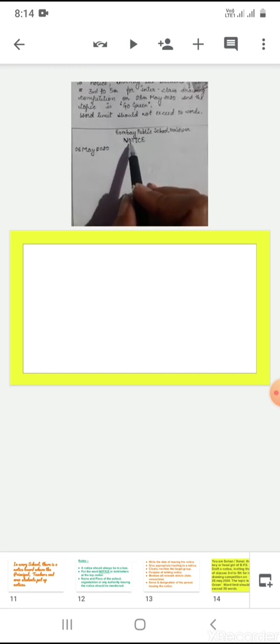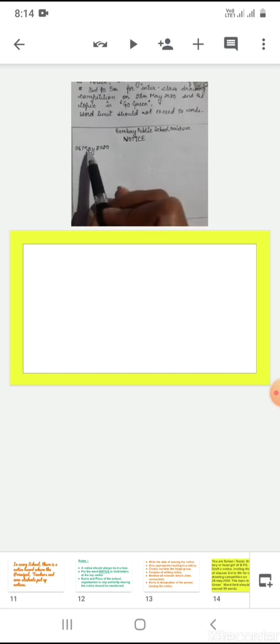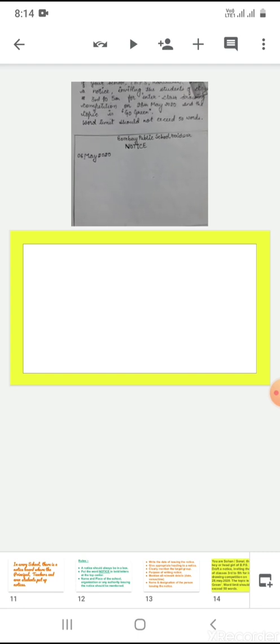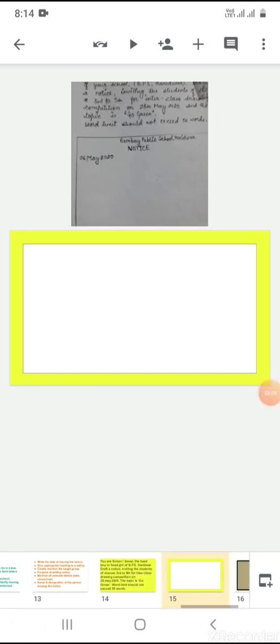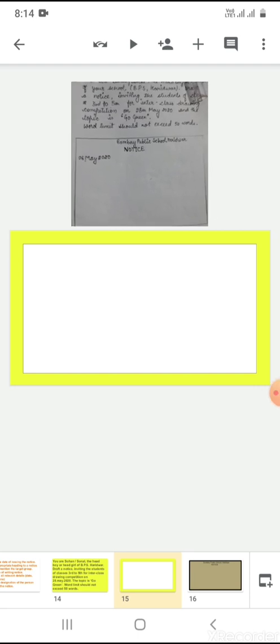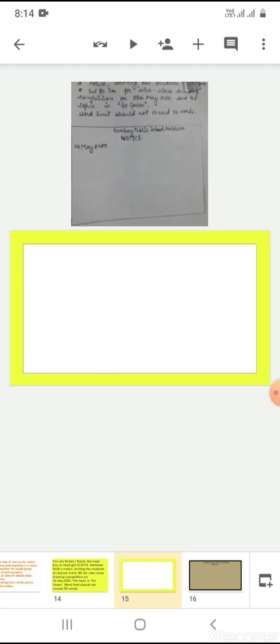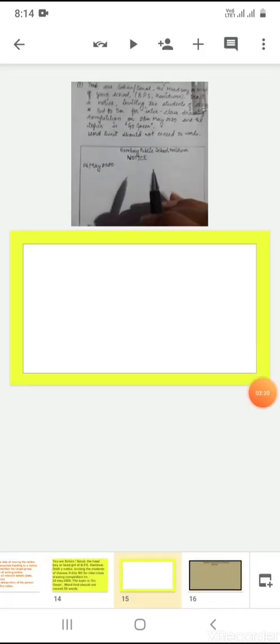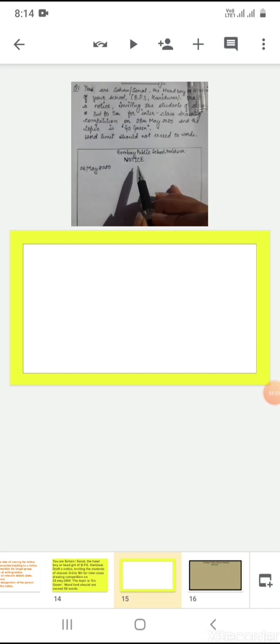Then you have to write down notice. Then you have to give the date, on which date the notice is issuing.